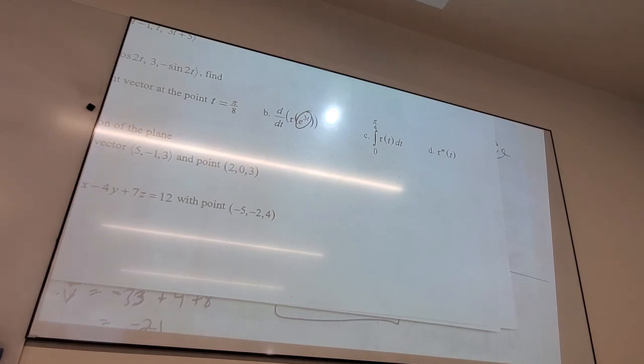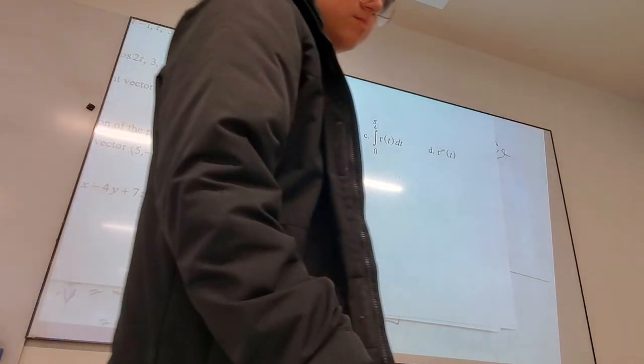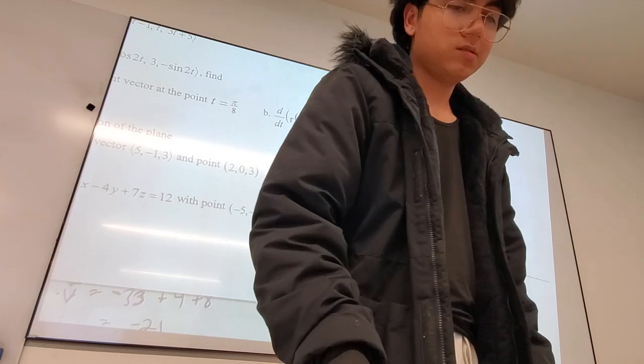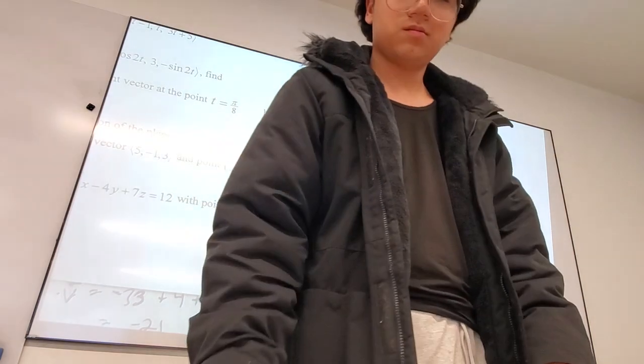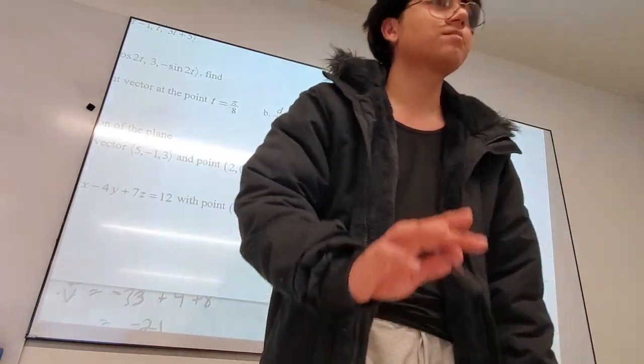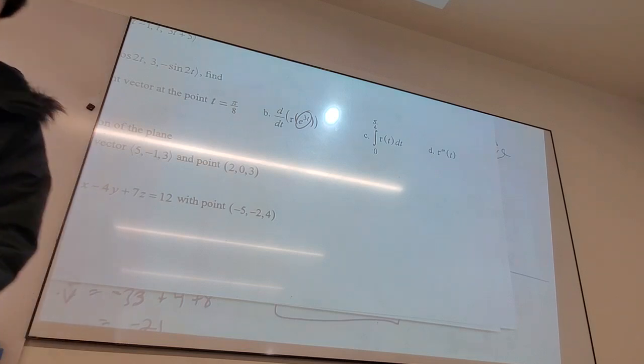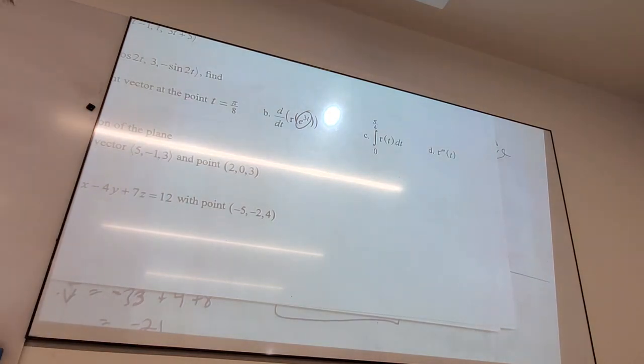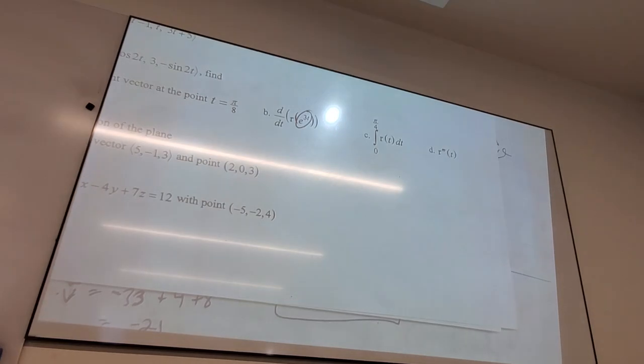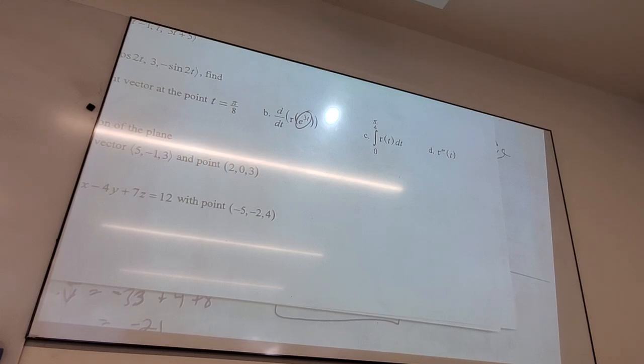A vector parallel just has to be in the same direction. Now, if I want specifically a vector of a certain length parallel to that, I should first take the vector I'm talking about, A cross B, and divide by its length. That'll make it a unit vector. Then multiply by whatever length you want.